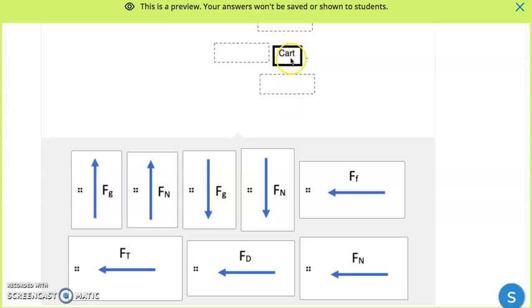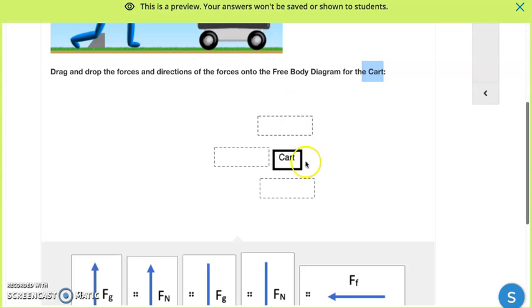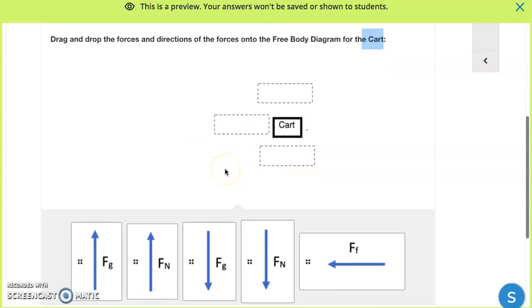It'll come out, pointing down out of the bottom of this cart box. And then something will support the cart pointing upwards. And then the cart is getting pulled with a rope to the left. So that means that there'll be this arrow coming out to the left with whatever type of force there would be if you were pulling with a rope.